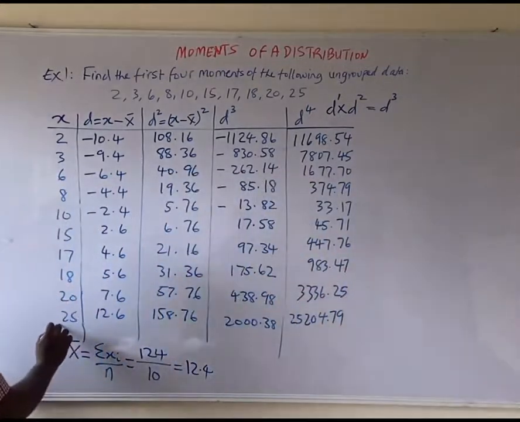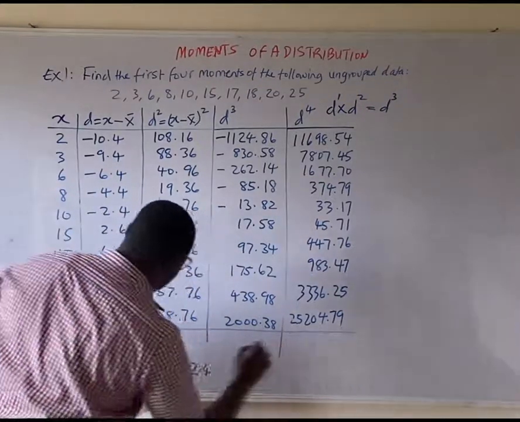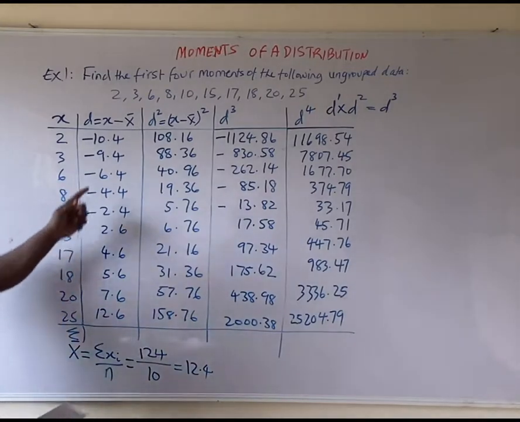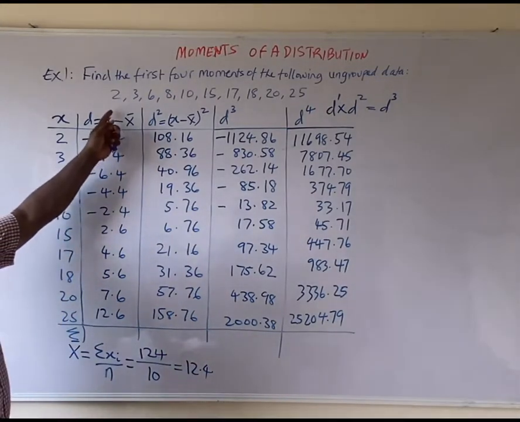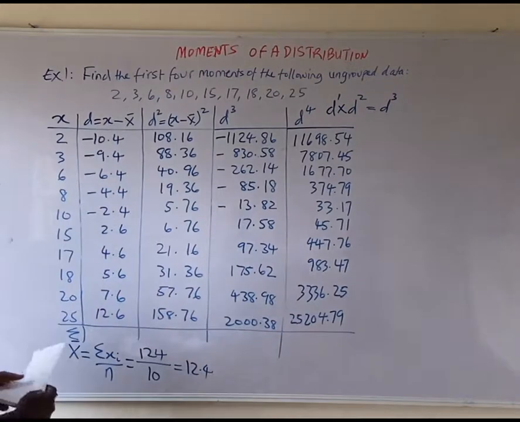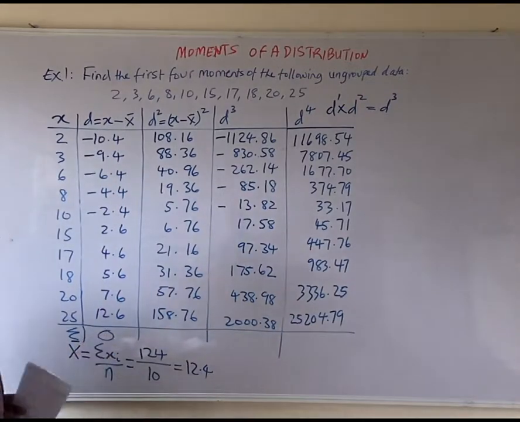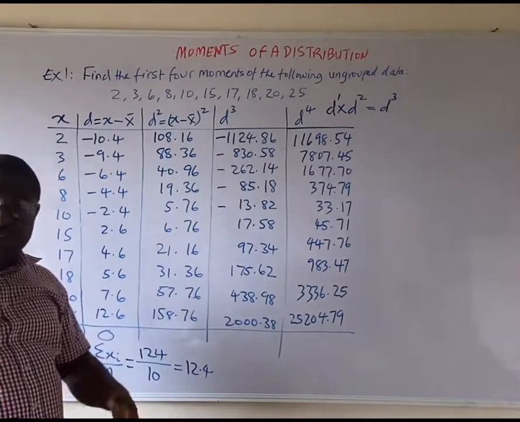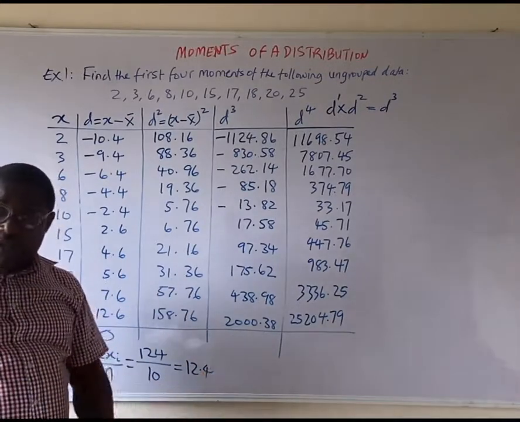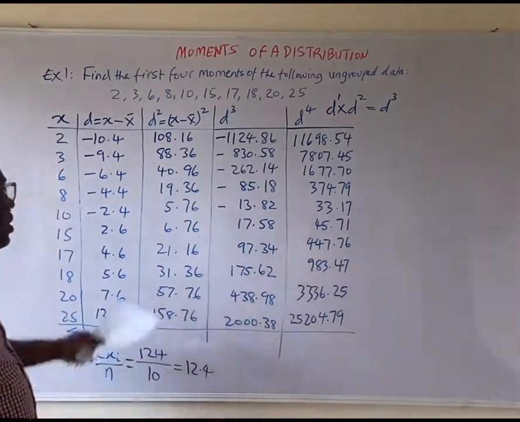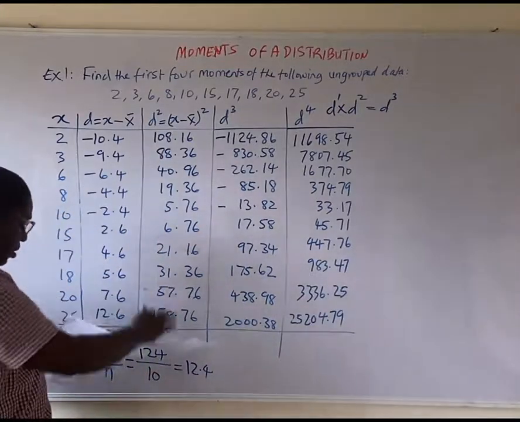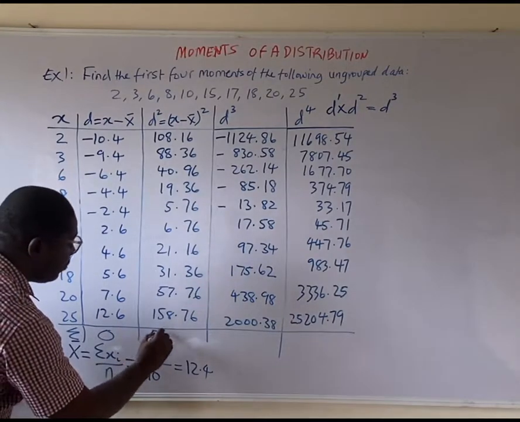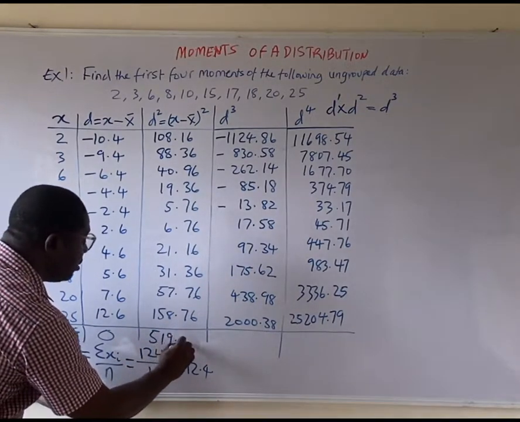I'll put my summation sign here. Now, if you sum this, your 1st degree deviation should result in 0. There's no movement from the deviation, so it results in 0. Now, the second one, 2nd degree, if you sum that, what I have in my solution here is 519.04.